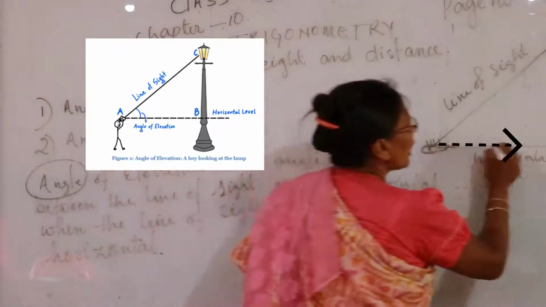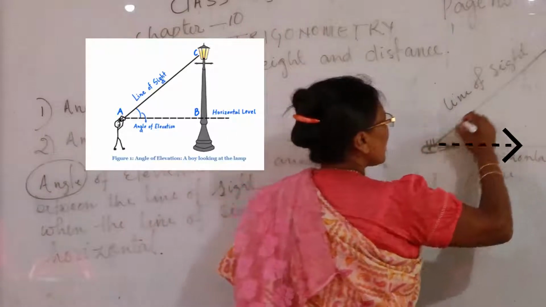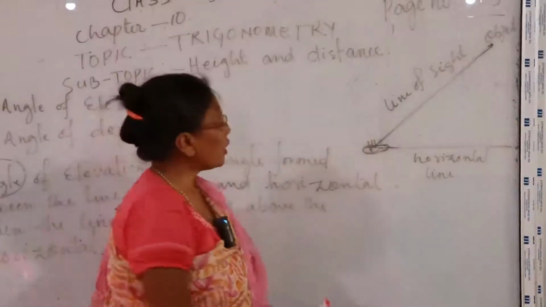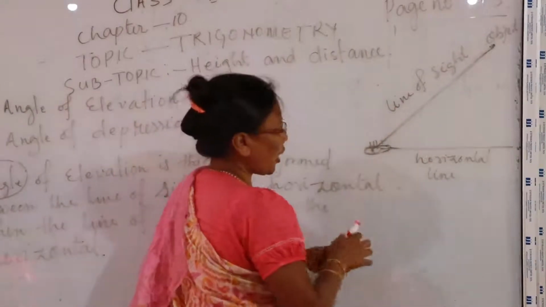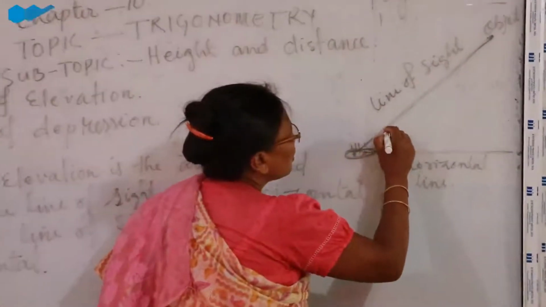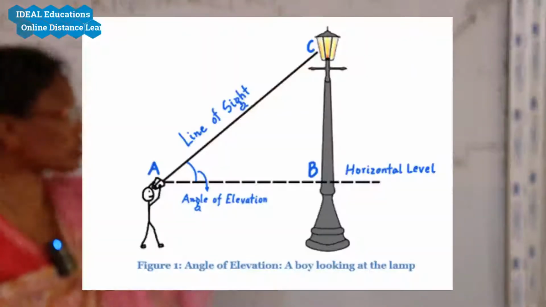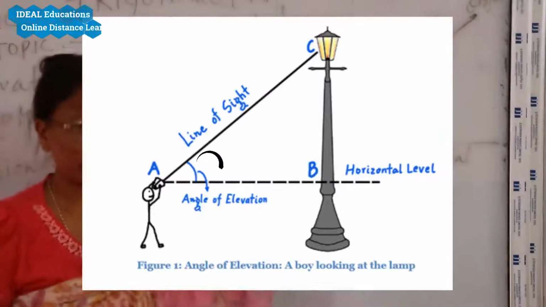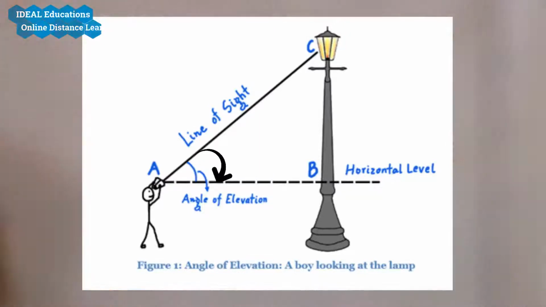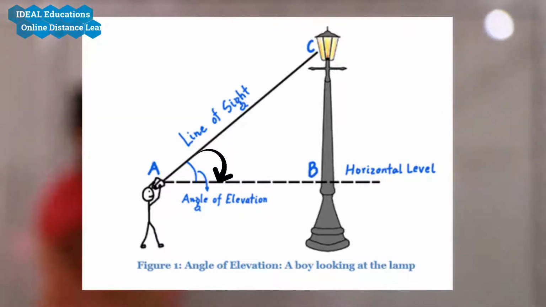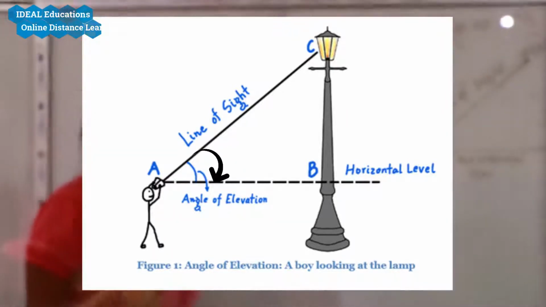This line is the horizontal line, and this line is the line of sight to the object. Between these two lines, we can see one angle. This angle is called angle of elevation. That means if we are going to look at something above, there is one angle with the horizontal line. This angle is called angle of elevation.